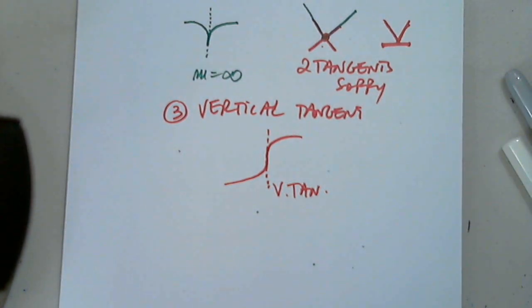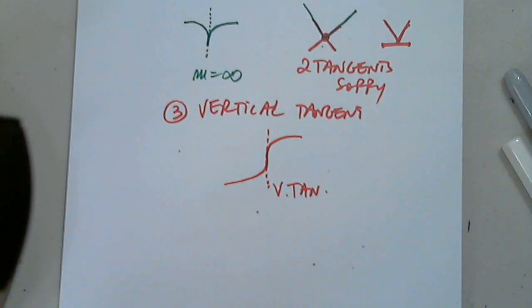Awesome. What about x1? No, because it's continuous, but it has a corner. Good. What about x2? Yes. What about x3? No, because it's a corner.